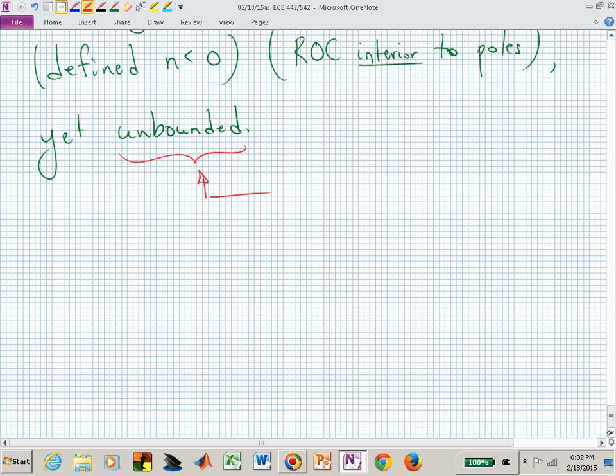If I now ask you to draw the picture for this in the z-plane, what's that going to look like, and what would be, let's say, h sub 2 of n? I'll do the hard part. We just said that it was non-causal, so I know n is less than 0.